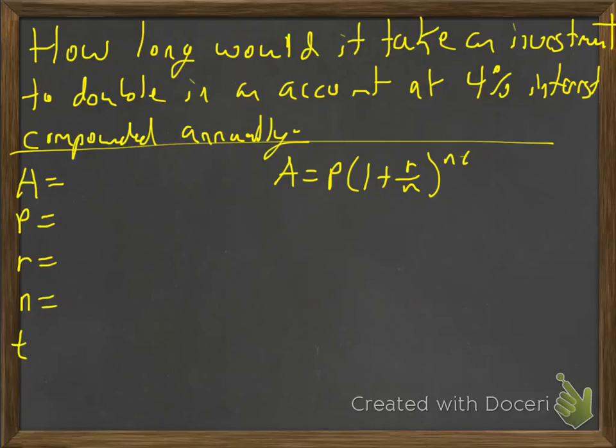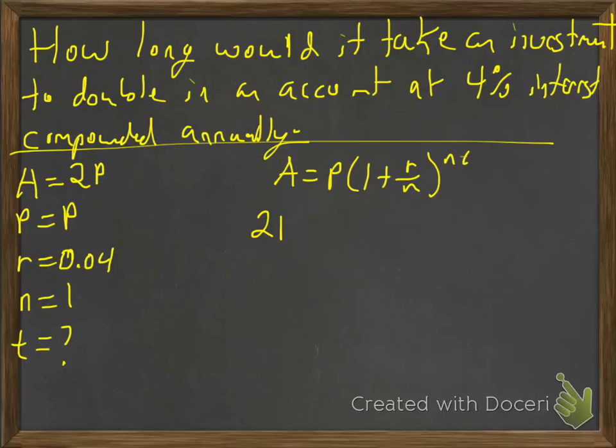Okay, so you gave yourself a little bit of time to try that out. Let's see what we get. The time is what we're trying to find. Annually means once a year, so the N is 1. The R is 0.04. The principal we said we call P, so double that would be 2P. Now, let's say I ask you to triple it, then it would be 3P, quadruple it, 4P. You get the idea.